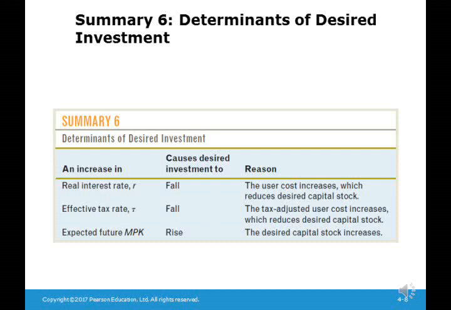And on the cost side, the factors affecting the user cost are the real interest rate and the effective tax rate. If those two variables increase, this will be translated into an upward shift in the user cost line, which will result in a decline in our desired capital stock, and consequently a negative impact on investment.